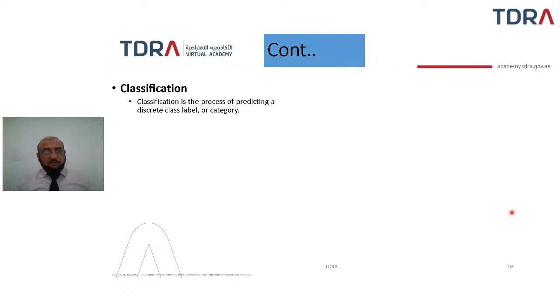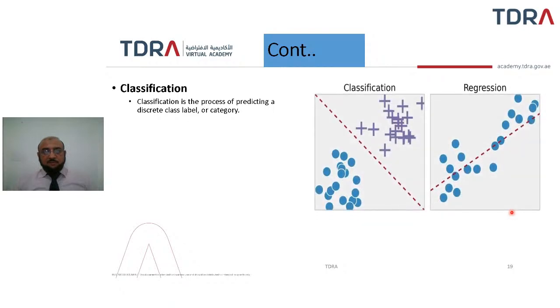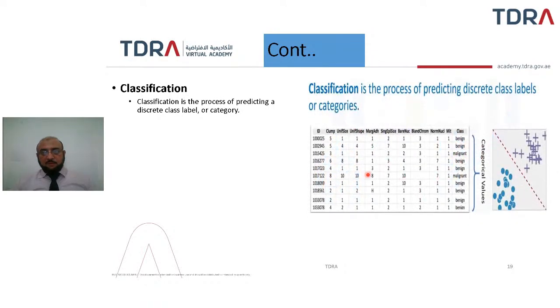Classification is the process of predicting a discrete class label or category. We are making the classification of the two different data sets. These are categorical values basically.